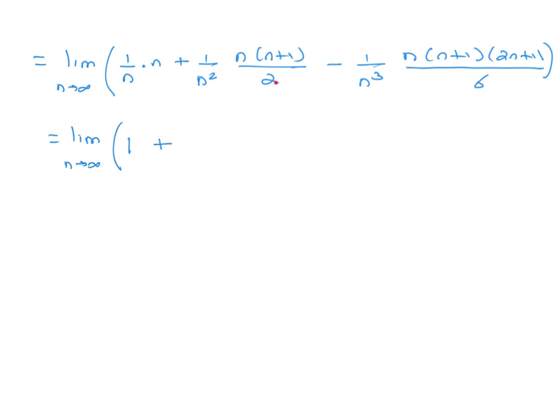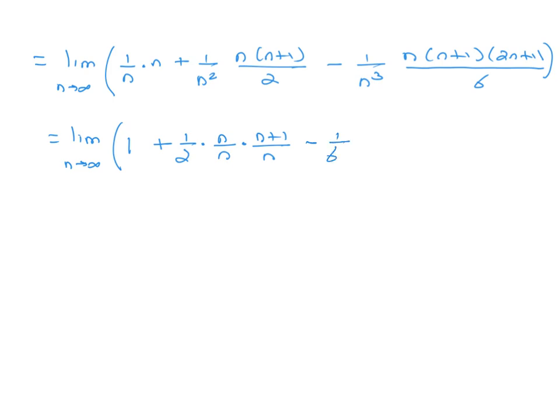Plus, here, I'm going to put the 1/2 first. And since I have 2 pieces here divided by n squared, I'll do n over n and n plus 1 over n. This becomes 1/2 times n over n times n plus 1 over n. Notice the denominator is still 2n squared, and the top is n times n plus 1. I'll do the same thing for the last piece.